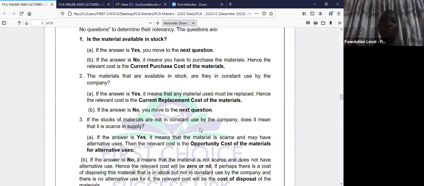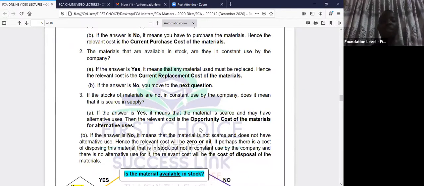Okay? But if you answered no, it means that one, you are saying it is not scarce. It is so available that anywhere you go, you can just see it. The relevant cost is zero. Why is it zero? One, it is in store. It is not in constant use.